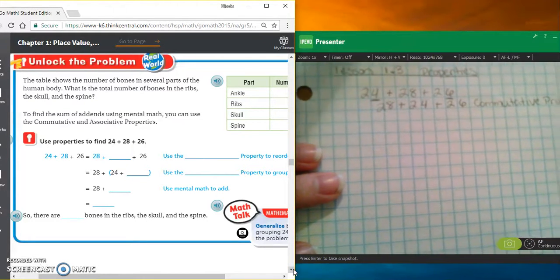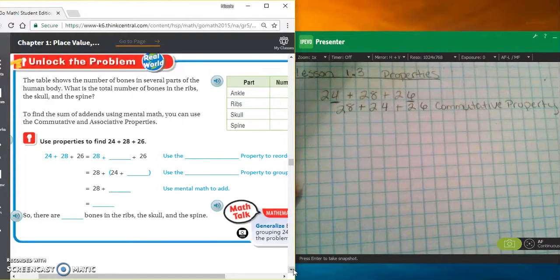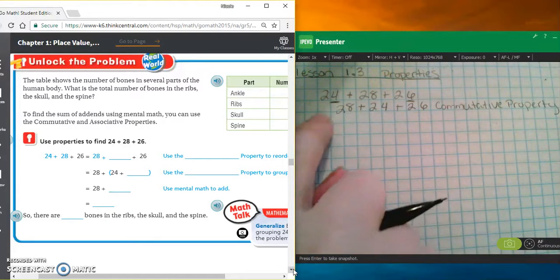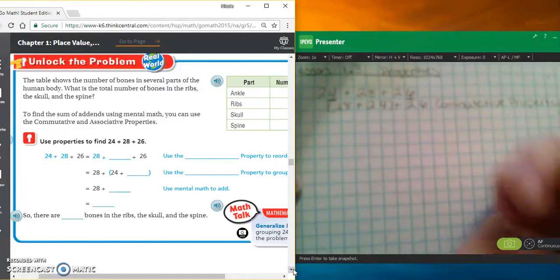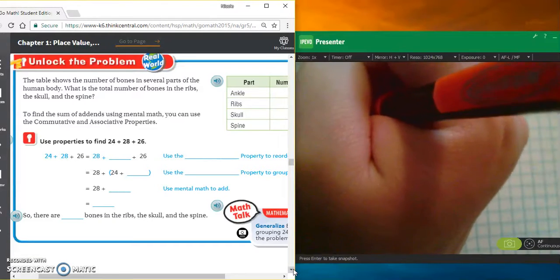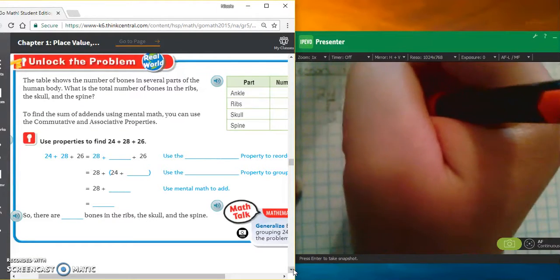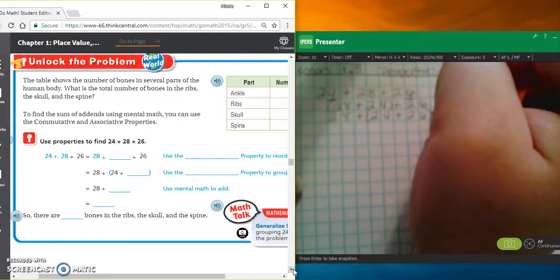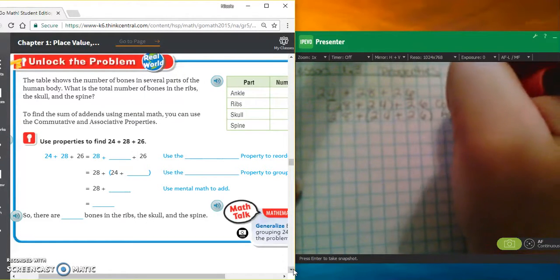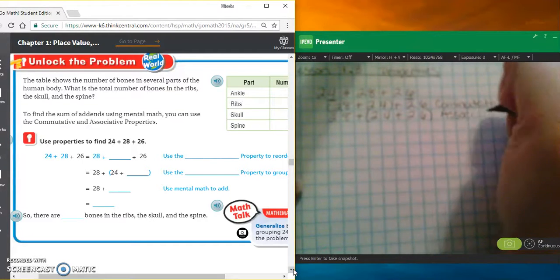Now, order of operations tells us that we have to add these two numbers first. Their grouping comes first, so we need to change the grouping. So then we get 28 plus 24 plus 26. This is the associative property that allows us to do this.